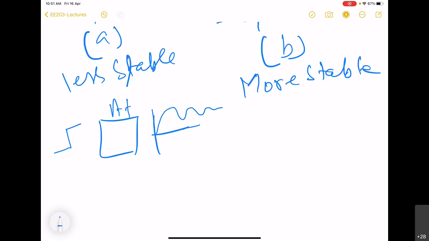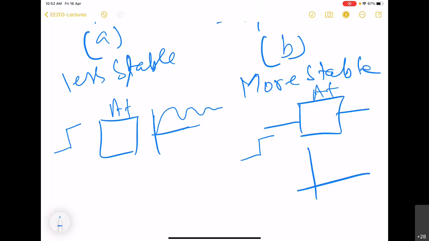But in this case, we have the same feedback system, again excited by exactly the same step. So ringing will be much less, or in fact if the gap is very large, it will settle like this.